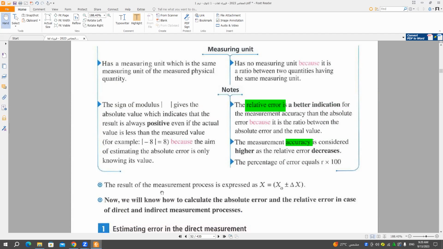The result of a measurement process is expressed as x equals x naught plus or minus delta x. What does it mean?